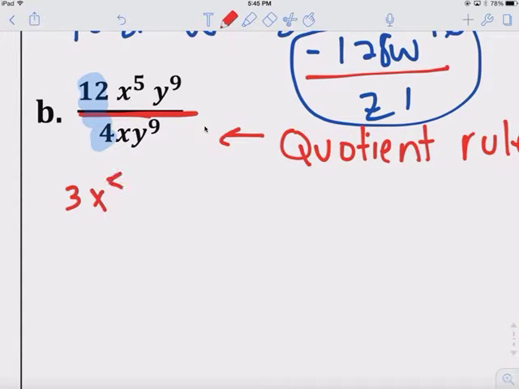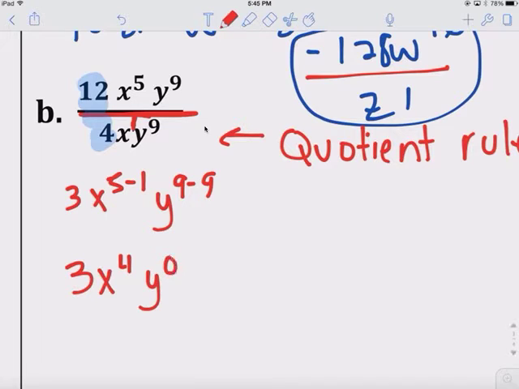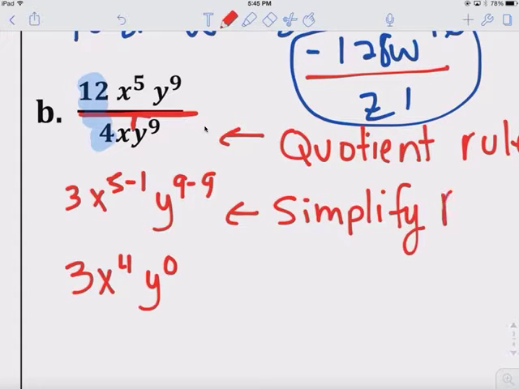X to the 5th minus the 1, there's a 1 exponent, minus 1. Quotient rule, we subtract. Y to the 9th minus 9. So 3x to the 4th, y to the 0. This is called simplifying powers.